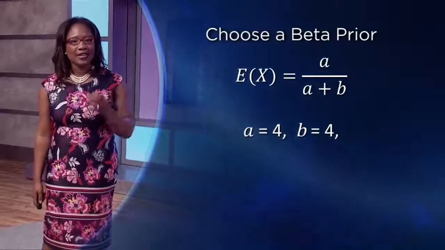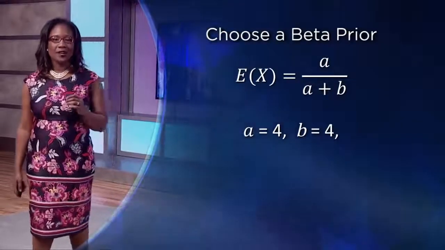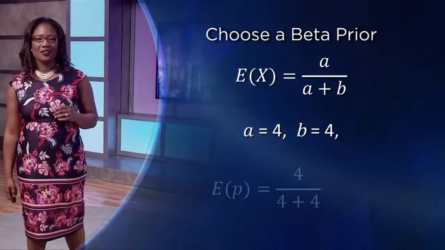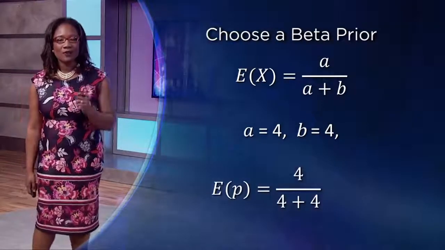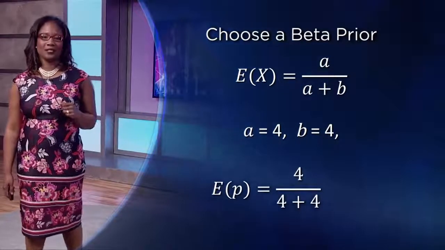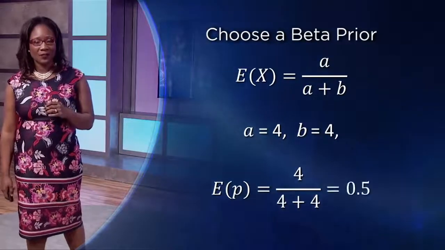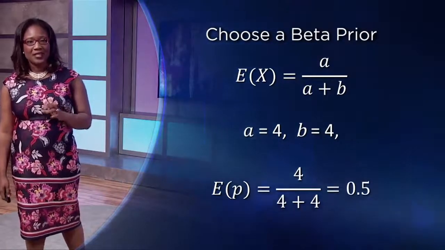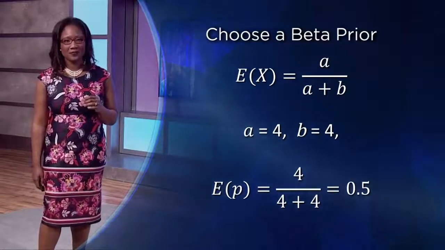Notice here, if we choose a equal to 4 and b equal to 4, we get our prior distribution. Here you see a and b plugged in. And notice that we can solve for the expected value of p as a over a plus b, or 4 over 8, to give us an expected value of 0.5. So that might be a nice starting probability for those parameters.